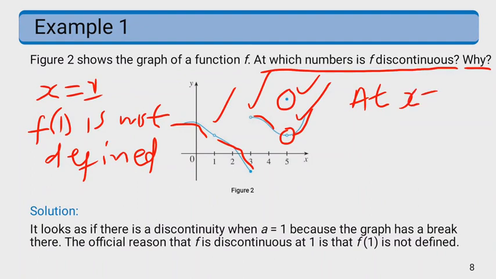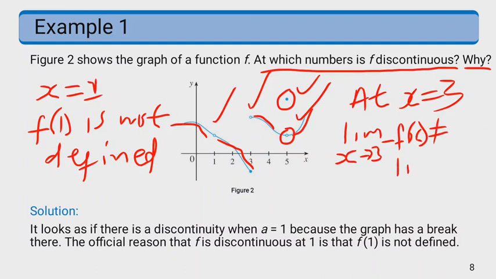At x equal to 3, one thing you can see, the left limit and the right limit are different. So that means the limit as x approaches 3 from the left of f of x is different from the limit as x approaches 3 from the right, meaning our limit does not exist in this case.